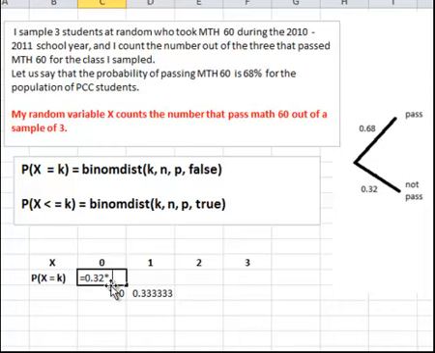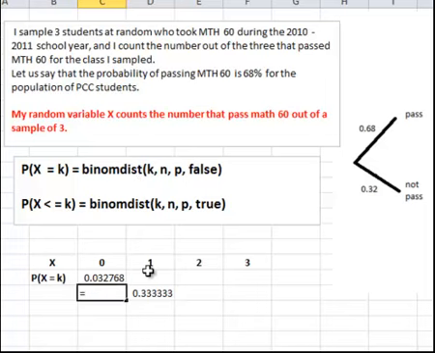Notice I'm using the independence clause because my sample size is relatively small compared to the thousands of students who have taken Math 60 during that school year. So there is that value. I can also get that value using binomdist, but because it's that particular value, I will type in false.